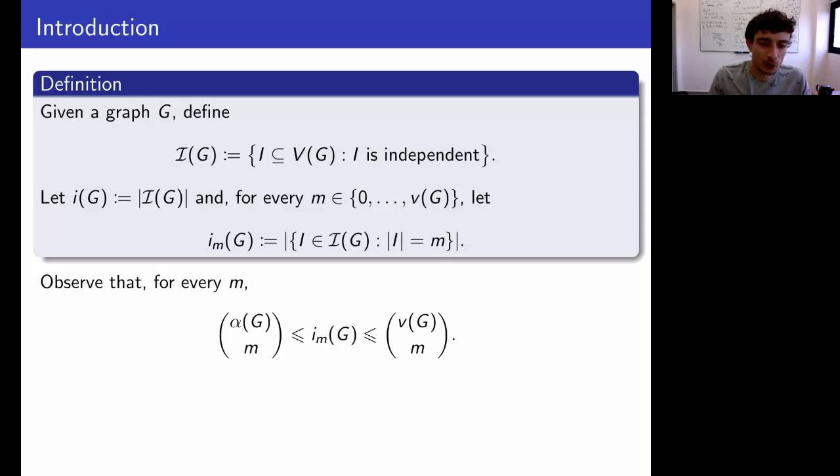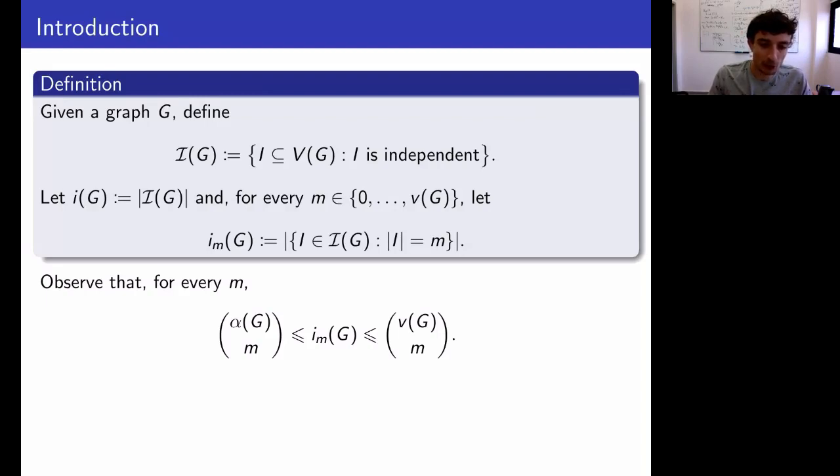Let's start with a trivial upper and lower bound that is true for every graph. For the lower bound, note that if I take a largest independent set, which has alpha(G) elements, then each of its m-element subsets will also be independent. And this gives me this lower bound of alpha(G) choose m. On the other hand, we have a trivial upper bound of the number of vertices choose m.